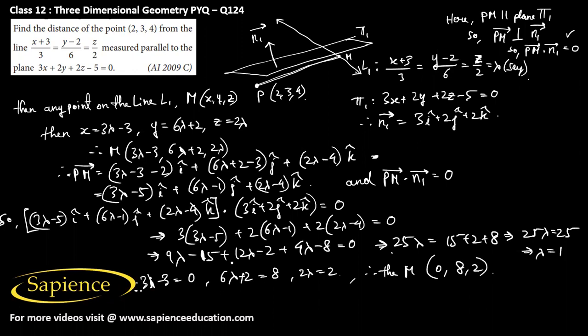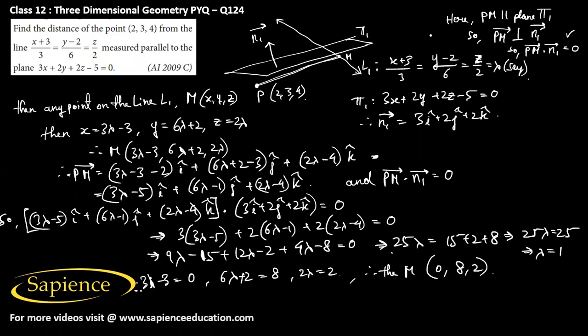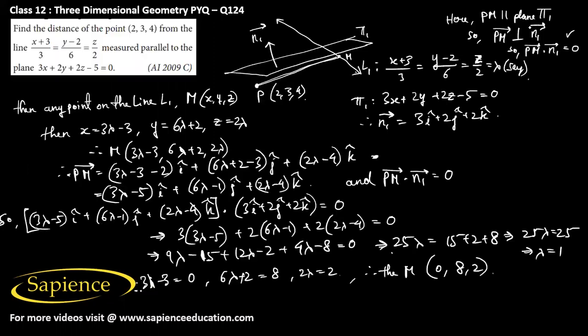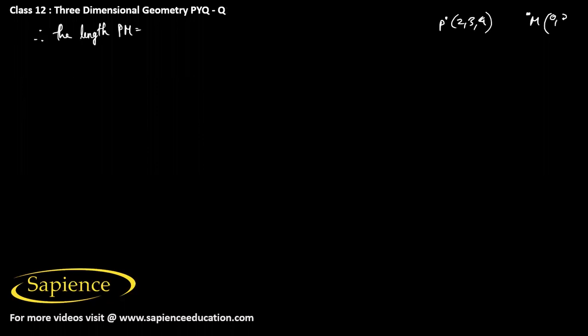So now we need to find the length PM. For now, the length PM will be equal to, so the point P, we got it as given, (2, 3, 4). And the point M, we got it as (0, 8, 2).